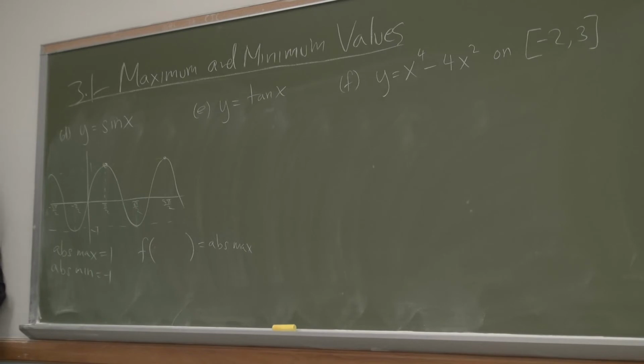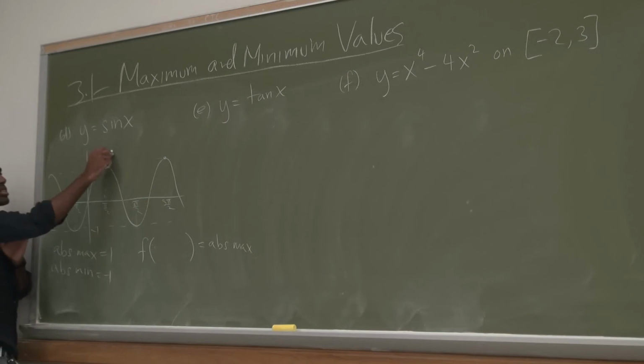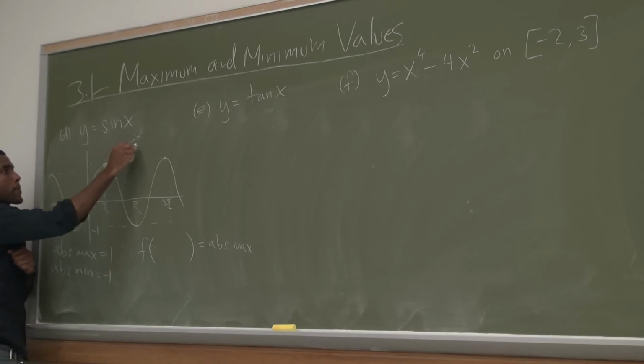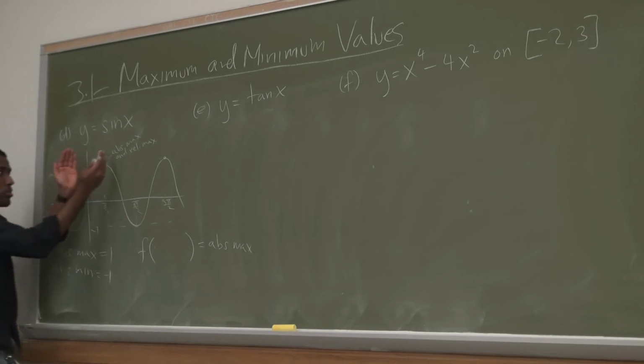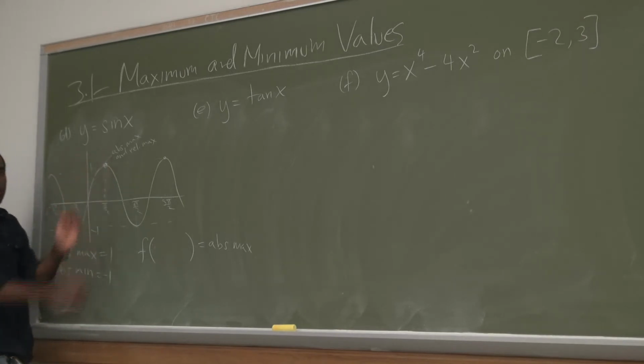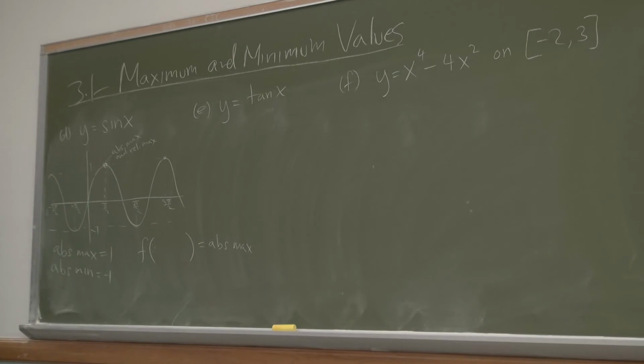Okay, each of these is an absolute max and a relative max. That's the biggest sine ever gets, so it's an absolute max. And locally, if you zoom in here, that's the guy on the top of the hill. It's also a relative or local maximum.